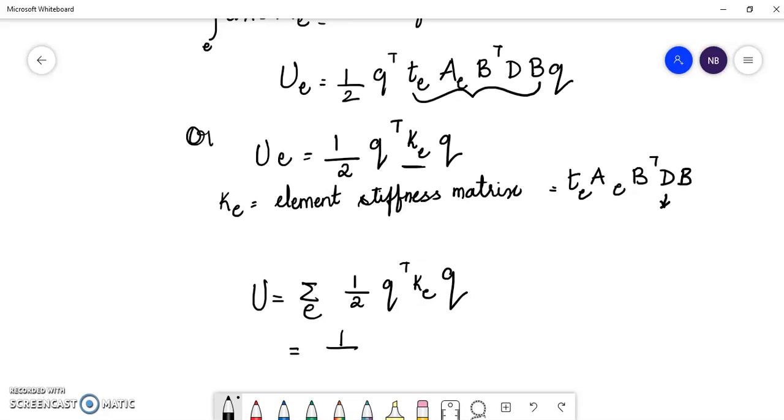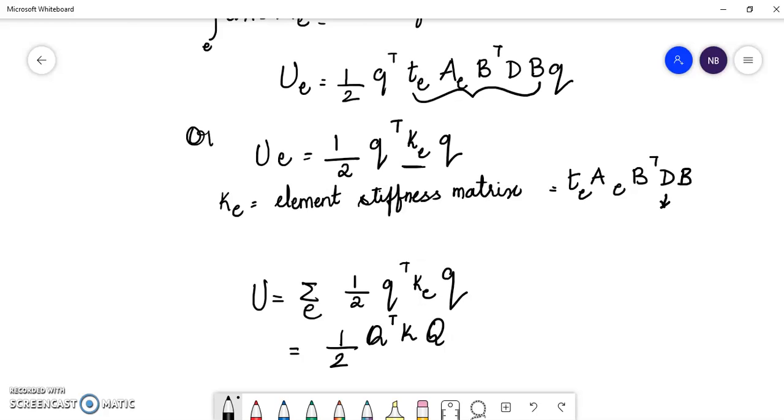This can be given as half Q transpose K Q. So now here capital Q stands for the global displacement vector, and capital K is the global stiffness matrix. So this is how we will find out the stiffness matrix for a CST.